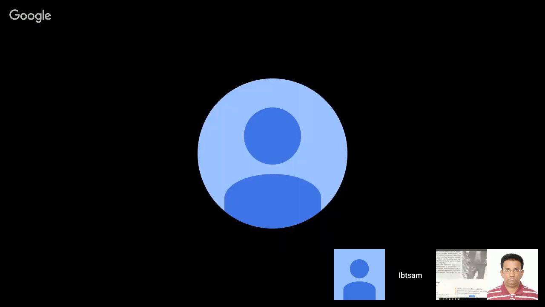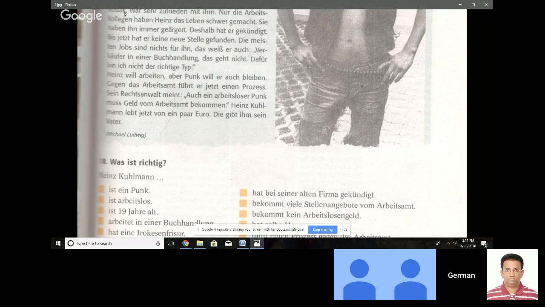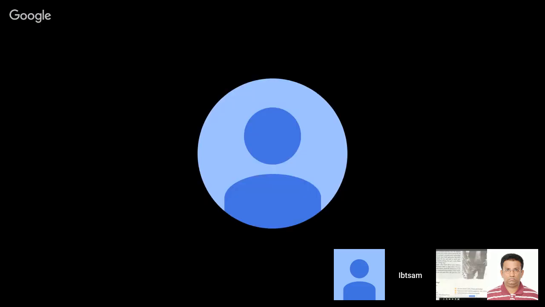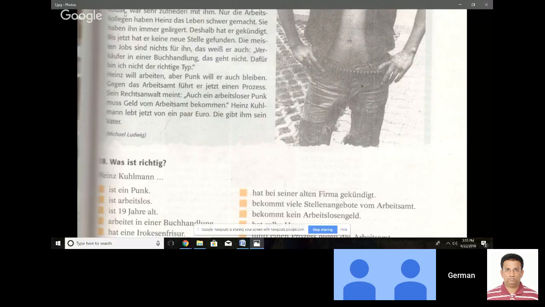Gegen das Arbeitsamt führt er jetzt einen Prozess. Against the employment office, he is now filing a case.